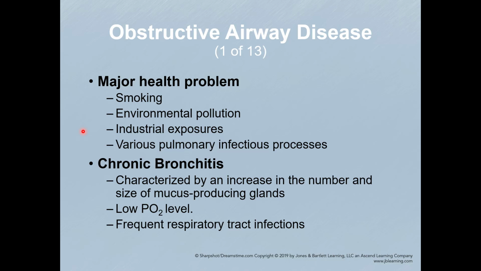The condition itself is diagnosed clinically by the presence of a cough with mucus production that is present on most days for at least 3 months, and then is consecutive 2 years, with or without an identifiable cough. The alveoli are not seriously affected, and diffusion remains relatively normal.